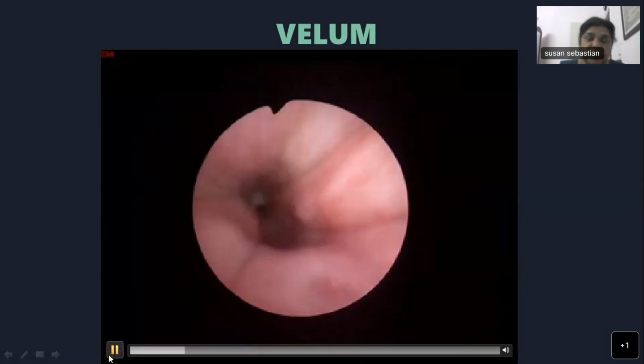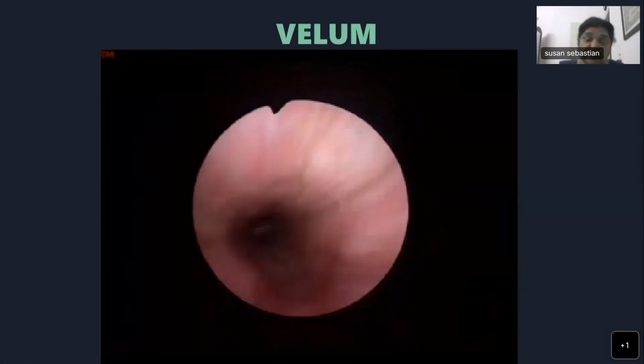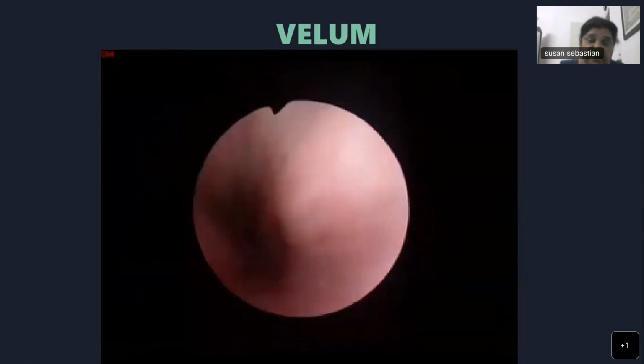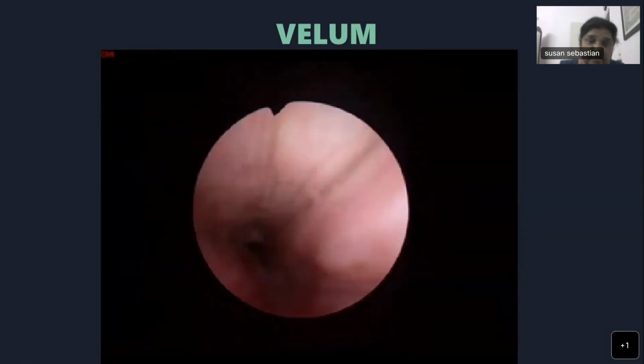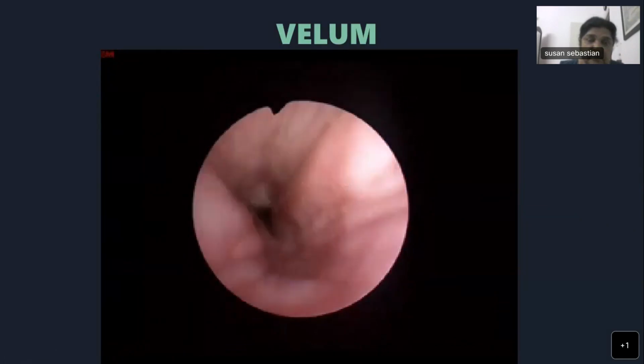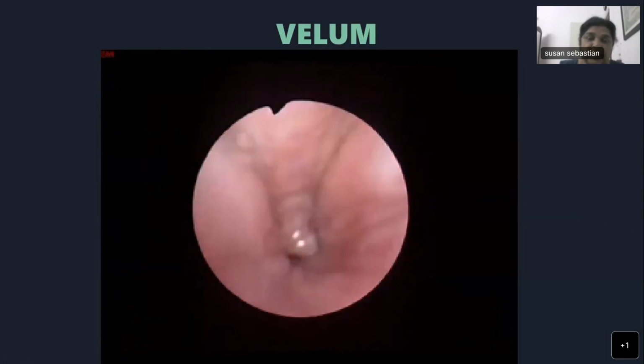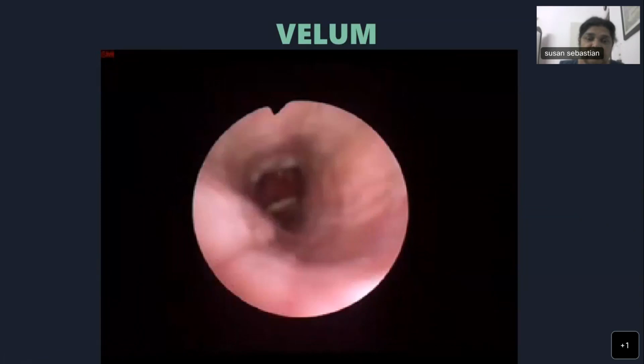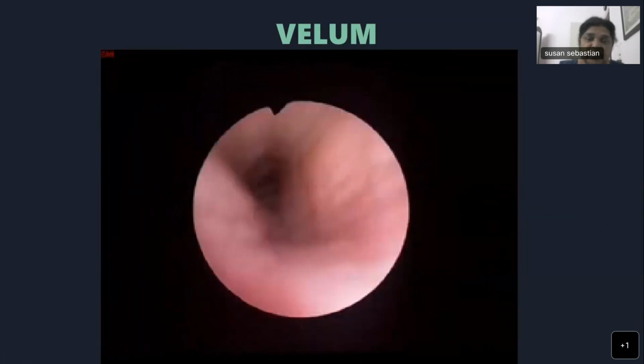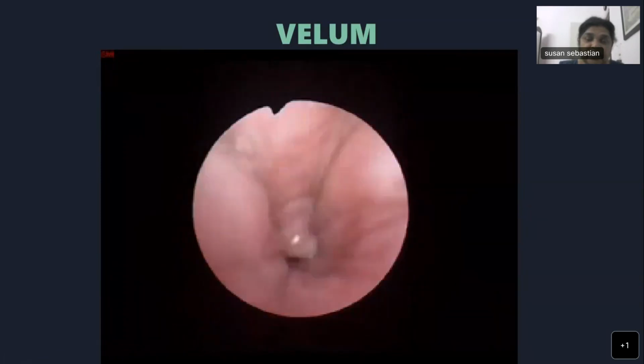As soon as you cross the choana, you can see from there. You can see the uvula is getting pushed up, and there is both an anteroposterior as well as side to side obstruction in this patient.